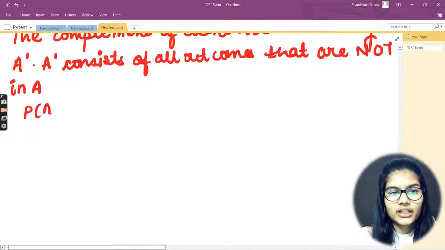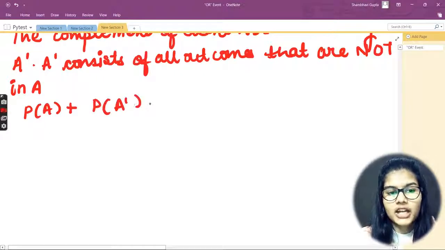If I have to write the probability of A plus the probability of A prime, that will be equal to 1. This is one thing which we have here: probability of A plus probability of A prime is equal to 1.